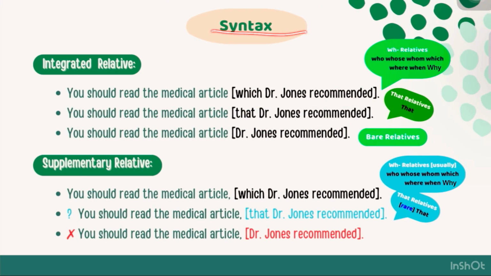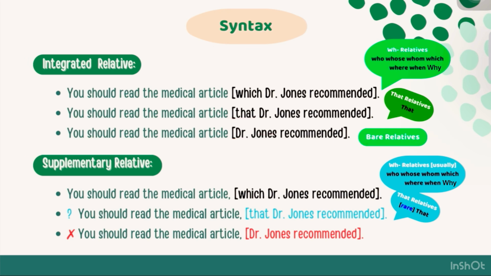And the last one is syntax. For the integrated relative, we can categorize into three types. The first one is WH relative, including whose, who, whom, which, where, when. Second is that relative, including that only. And zero relative, nothing.